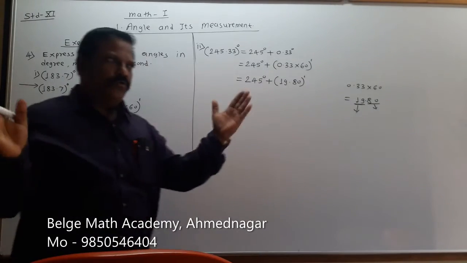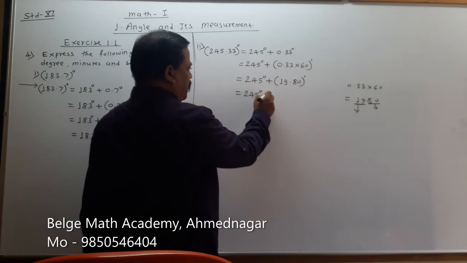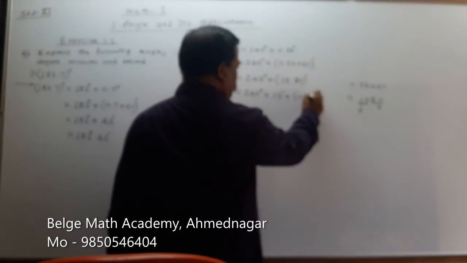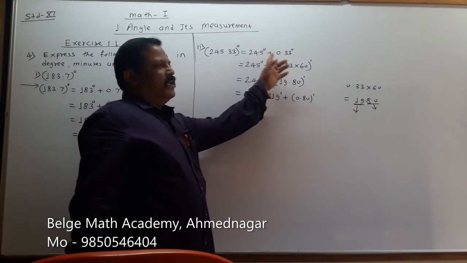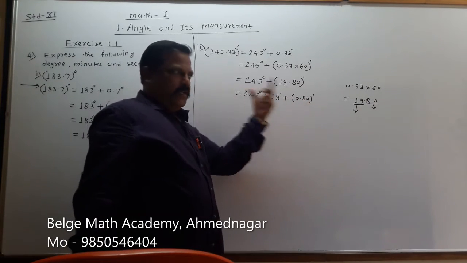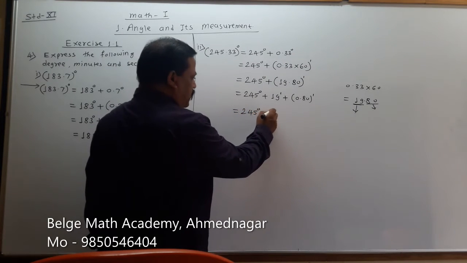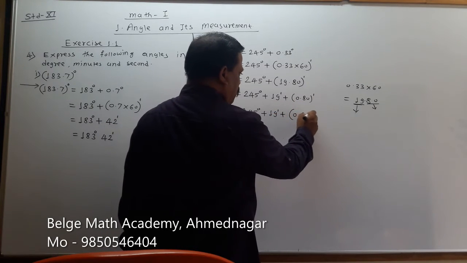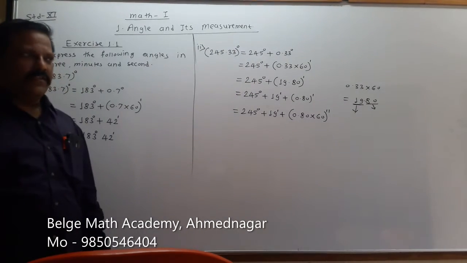Again we separate it into two parts: 245 degree plus 19 minutes plus 0.80 minutes, similar to the degree. Again the integral part and decimal part are separated. 245 degree plus 19 minutes, and this decimal minute is converted into seconds.